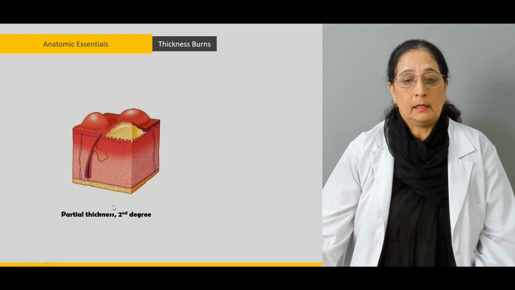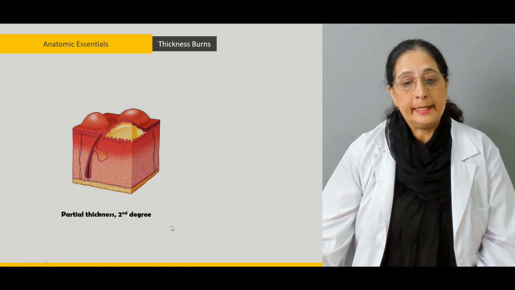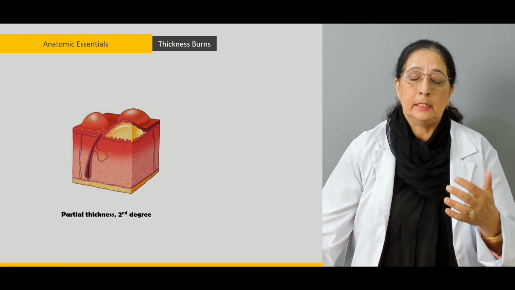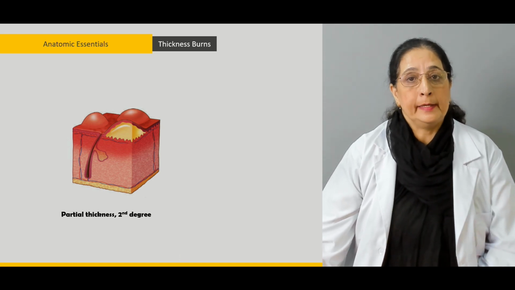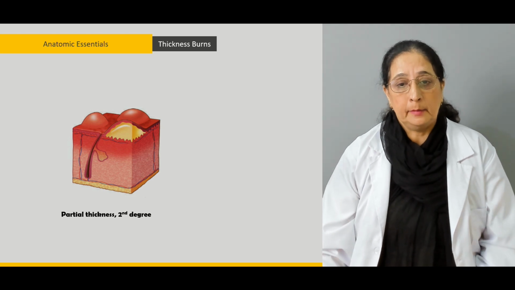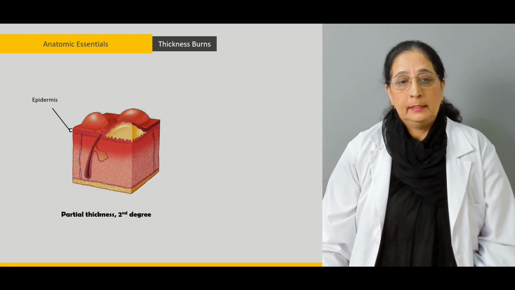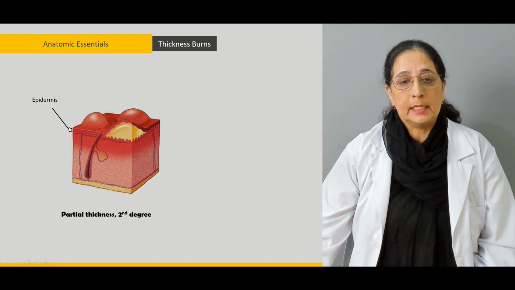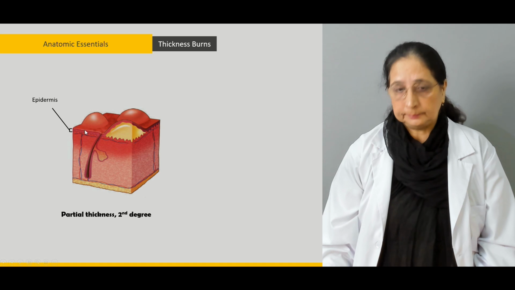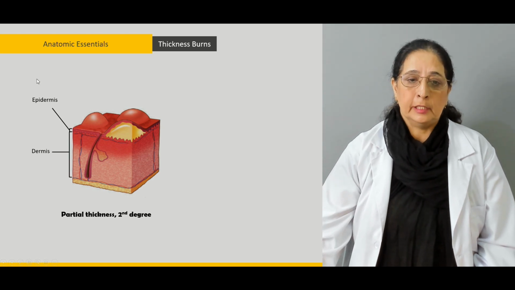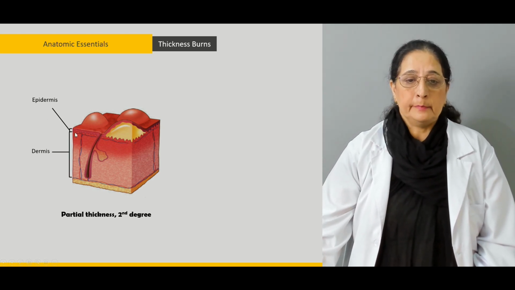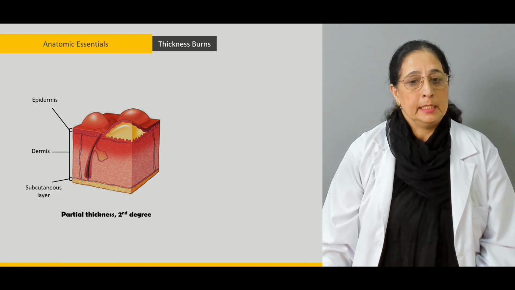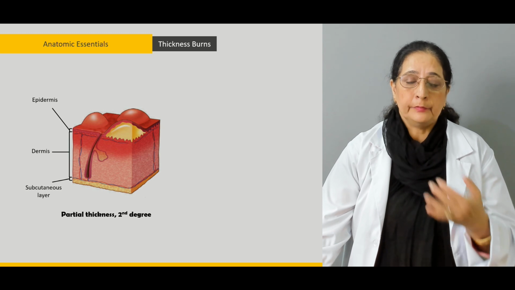Partial thickness burns are second degree burns, so they involve the dermis and the epidermis. This is the epidermis, the top layer of the skin, and that's the dermis. We have epidermis, dermis, and subcutaneous layers, the 3 layers of the skin.